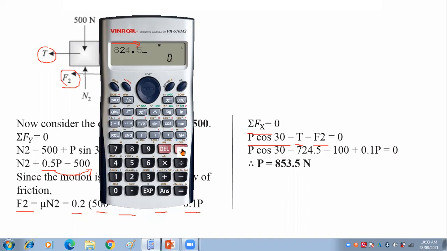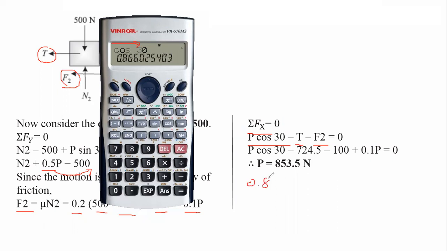Now here cos 30 is 0.866 P, plus this 0.1 P is equal to 824.5. Okay, now let us calculate this term.